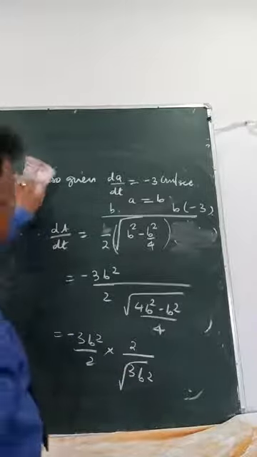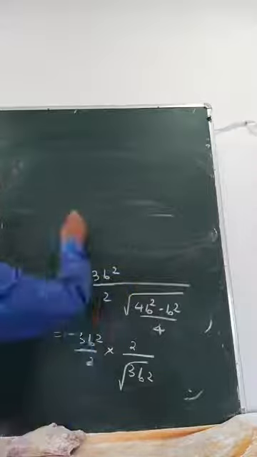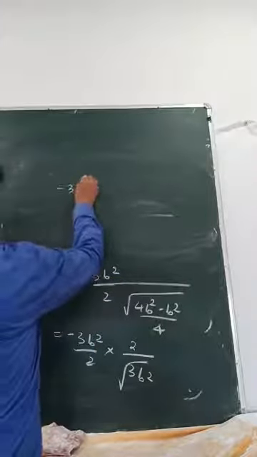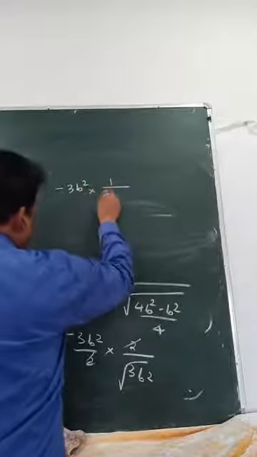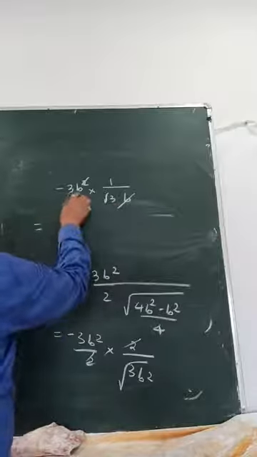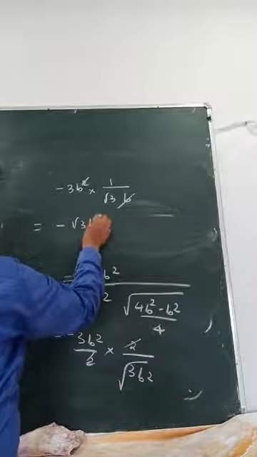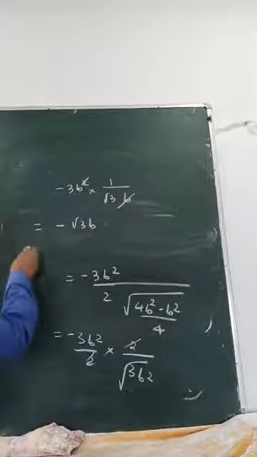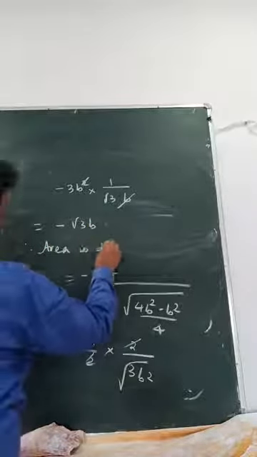So what did you get? So you are getting minus 3b square, this 2 is cancelled, into 1 by root 3b. This is also cancelled. So 3 and root 3 cancel. So minus root 3b. Therefore area is decreasing. Why decreasing?